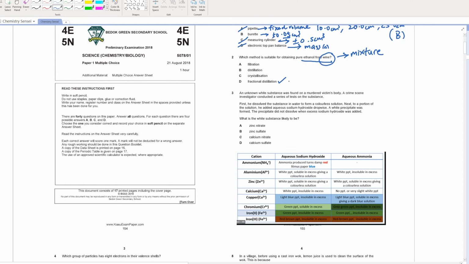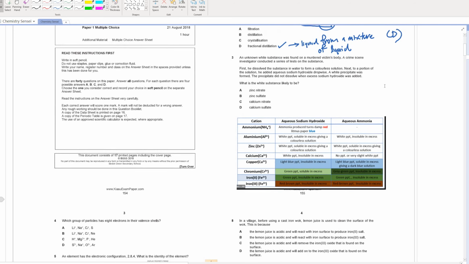Fractional distillation is good for separating a liquid from a mixture of liquids. One good example is the separation of crude oil. So the best answer is option D.